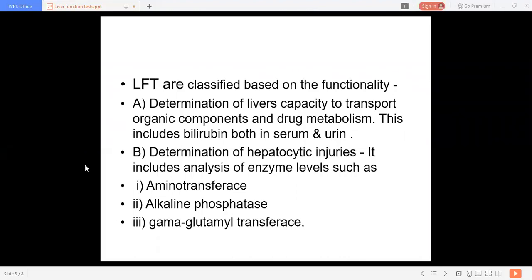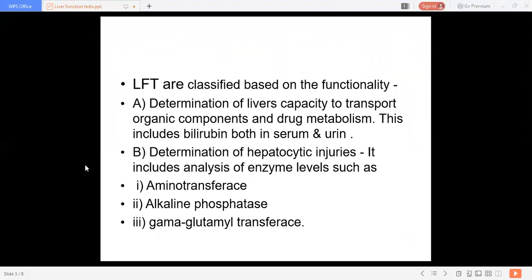Whenever the bile duct gets blocked, either due to cancerous growth or gallstones, the levels of alkaline phosphatase get raised.